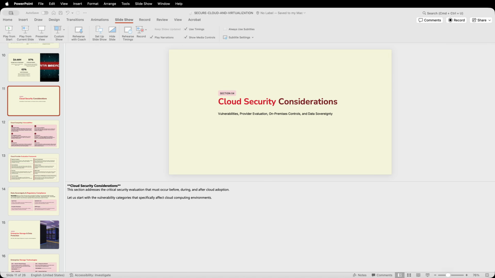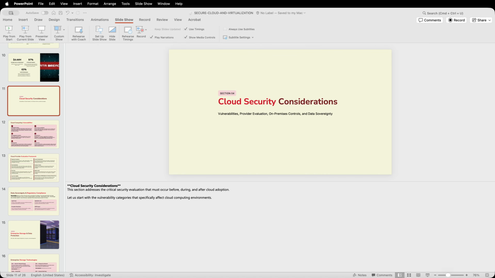In multi-tenant cloud environments, the coexistence of data from different organizations on shared infrastructure raises questions about data isolation, cross-tenant access, and provider data handling practices.